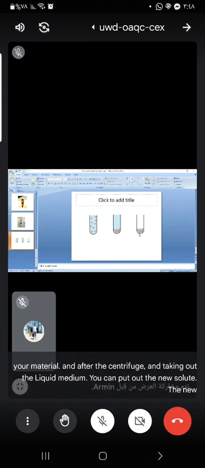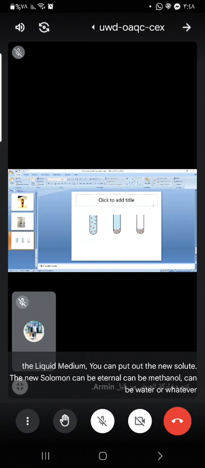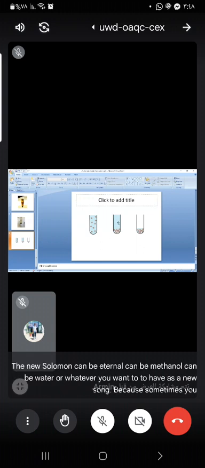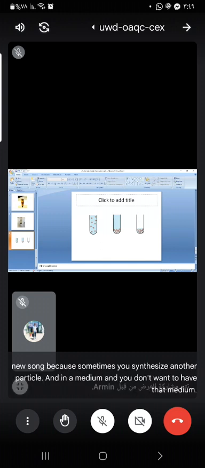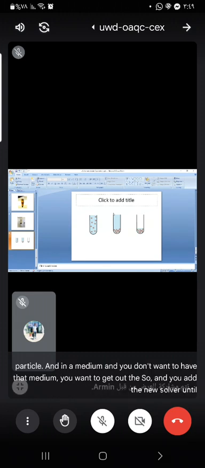The new solvent can be ethanol, methanol, water, or whatever you want. Because sometimes you synthesize nanoparticles in a medium, and you don't want to have that medium. You want to get out the solvent and add the new solvent or new liquid medium.